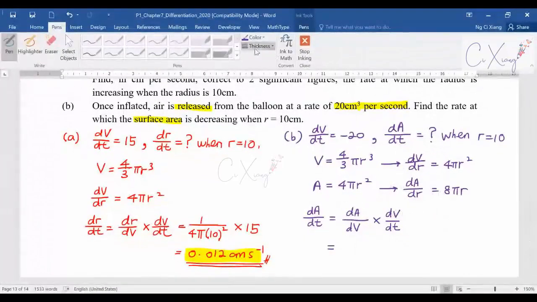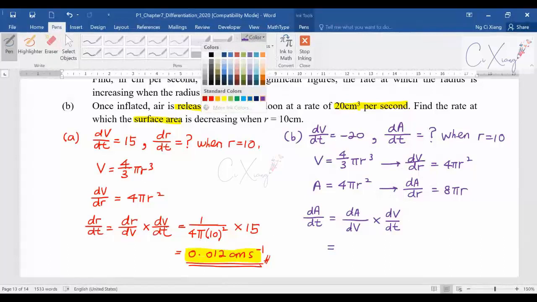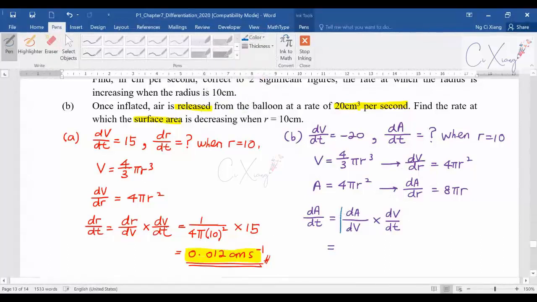So I will try to split this one and apply the chain rule another time. That means I will have dA over something multiplied by something over dV.